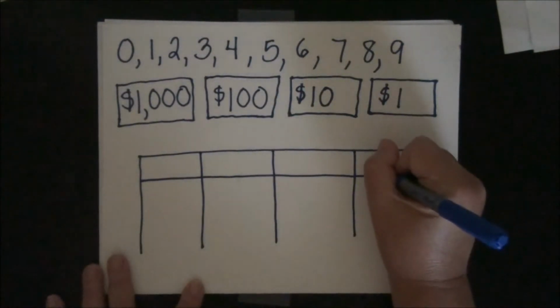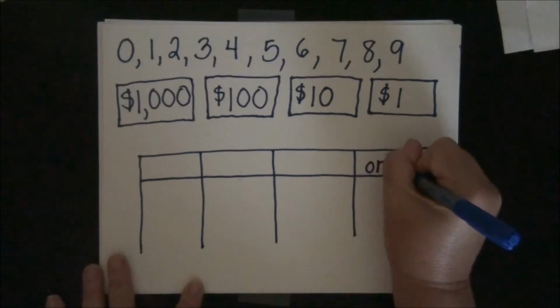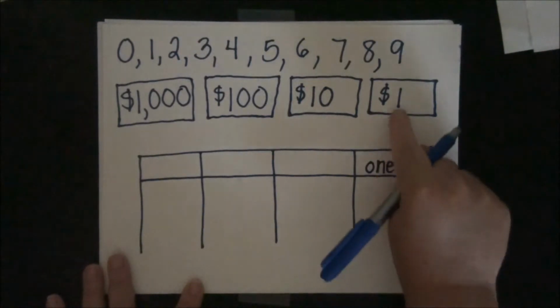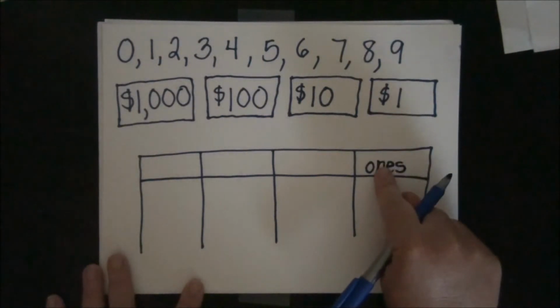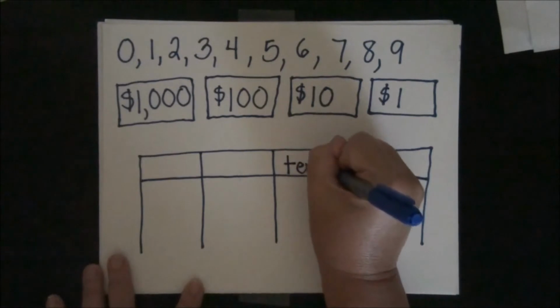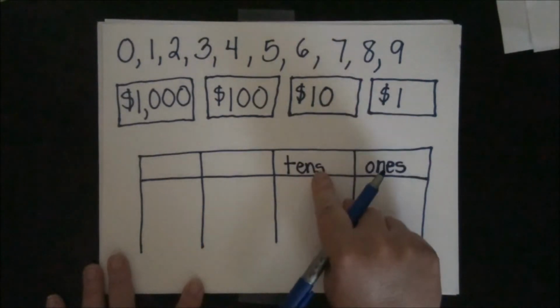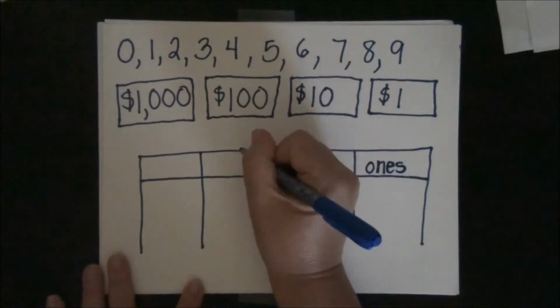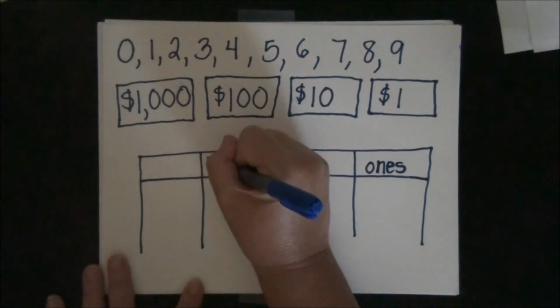Okay, the place on the right is the ones place. Notice it correlates with the $1 bill. You can think of this like $1 bills. Okay, then you have the tens place. Think of it like $10 bills. Then you have the hundreds place.